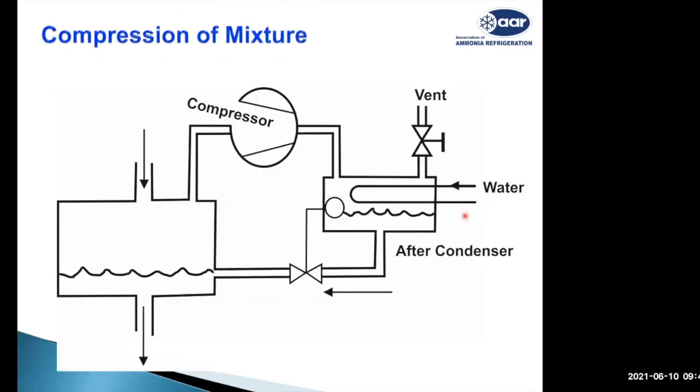So let's talk about the two different types of purging systems which are now popular. One is called the compression of a mixture. A separate condensing unit is provided, which takes a portion of gas from the receiver into a different compressor.